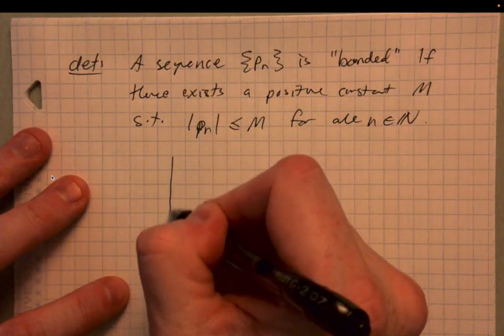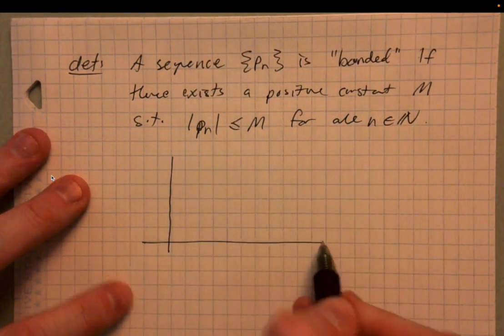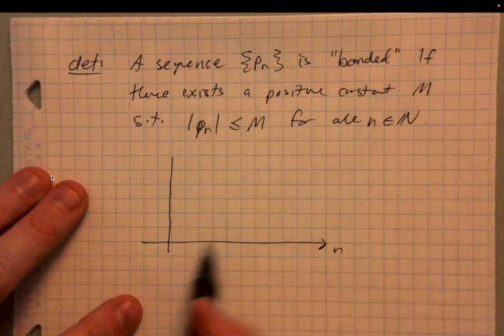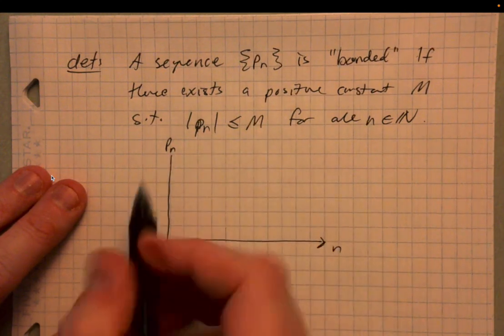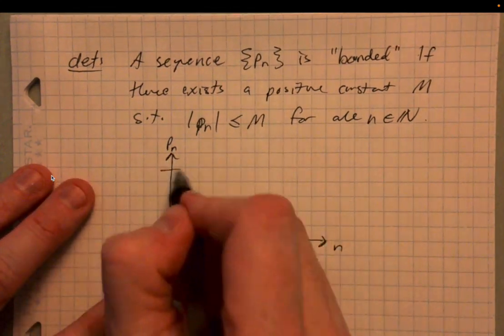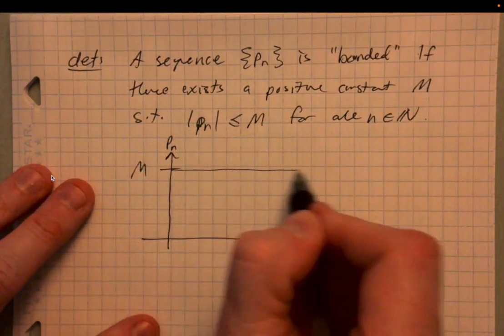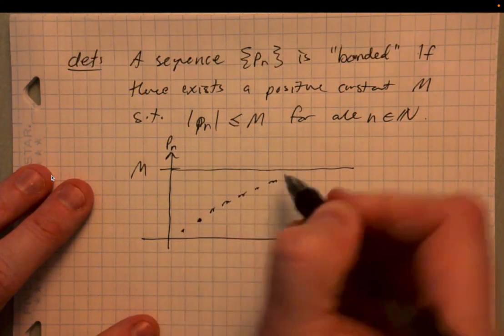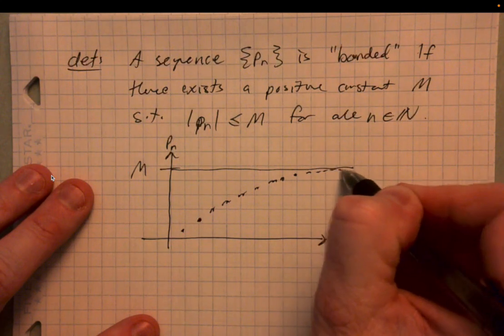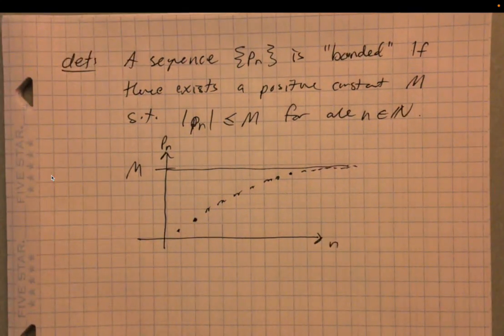Right, so this is a straightforward idea. If this is my n axis here, and the values of my terms are on this axis, and I've got some constant m, then the terms may approach m, but they'll never cross m. Okay? And so that's the idea of a bounded sequence.